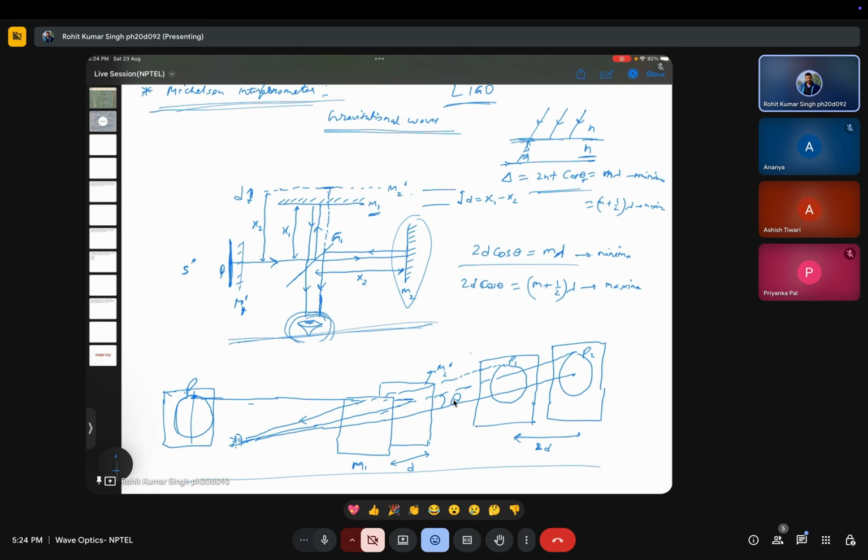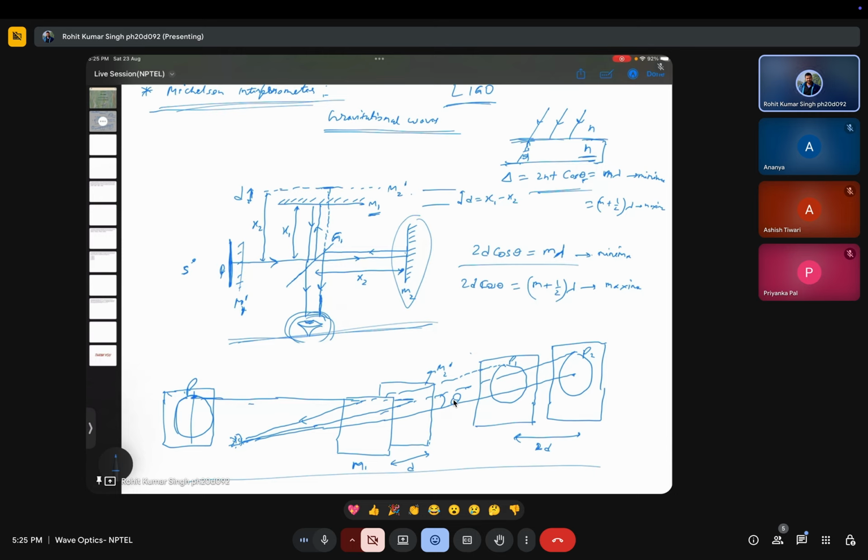The formula won't change. If you introduce a medium between M1 and M2, then there will be a deviation, and you have to consider the angle of refraction. So it is not exactly like the thin film case, because there we considered the thin film to be made of glass or some different material.